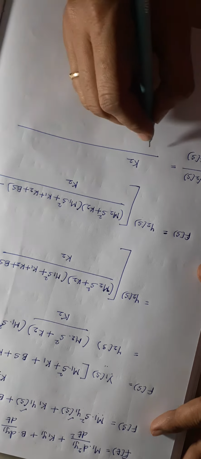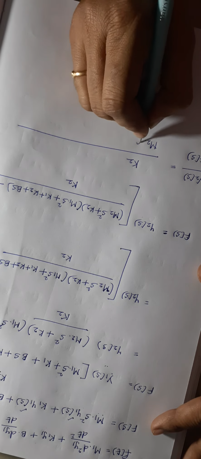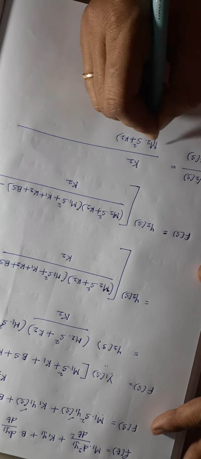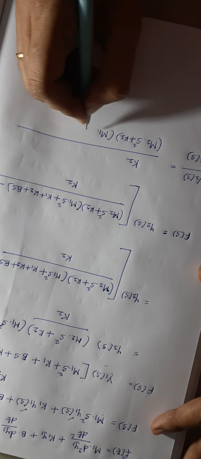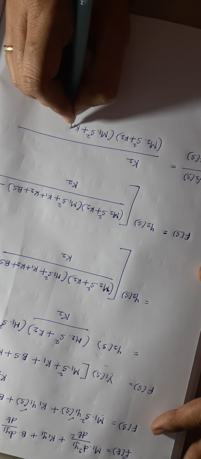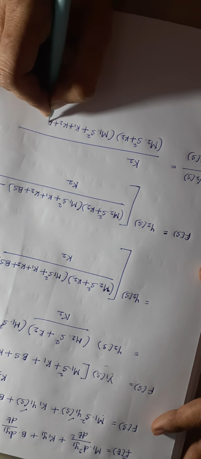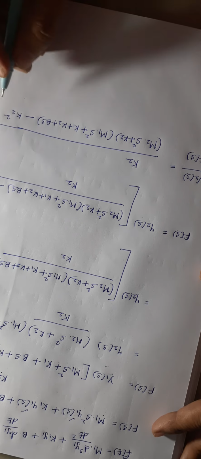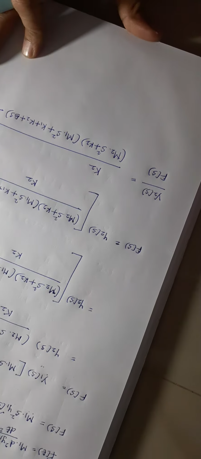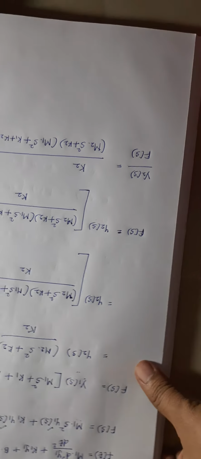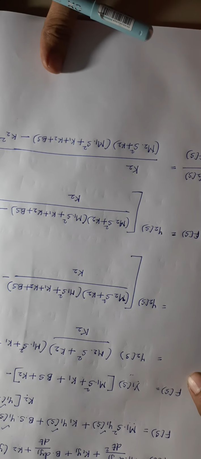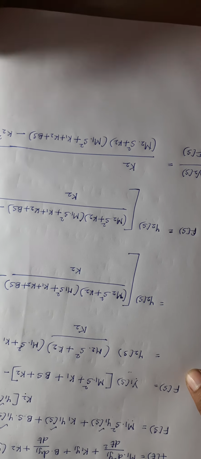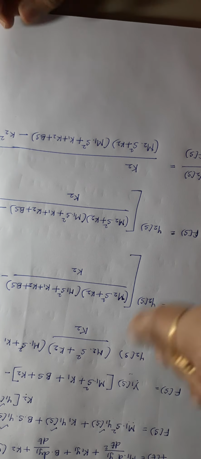So k2 divided by m2 s square plus k2 into m1 s square plus k1 plus k2 plus bs minus k2 square. So this is the transfer function which we need finally. So that's all. The problem is over. Thank you.